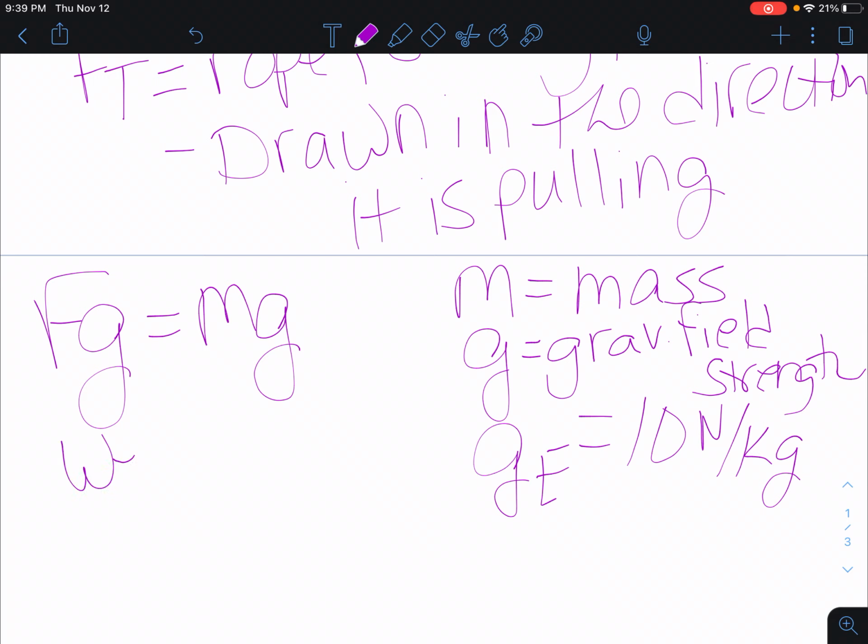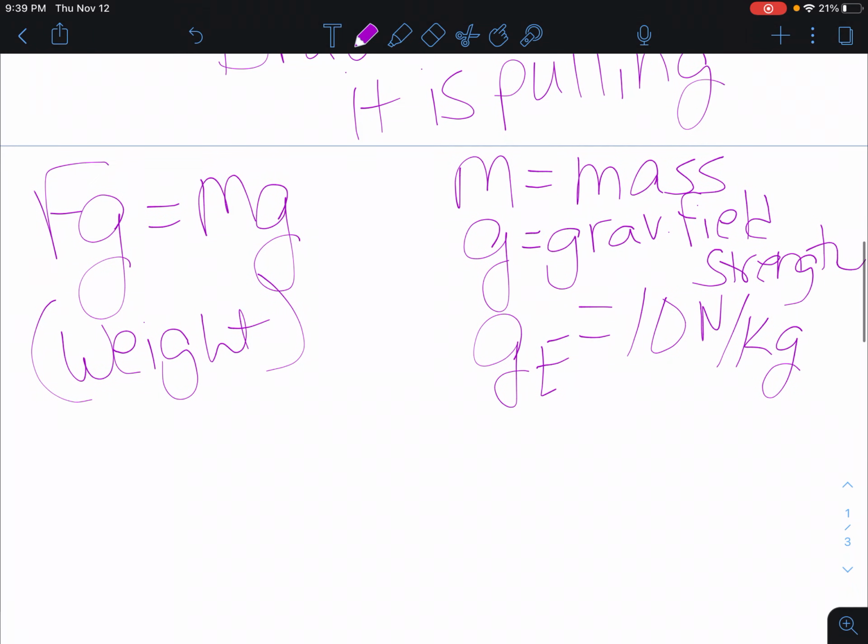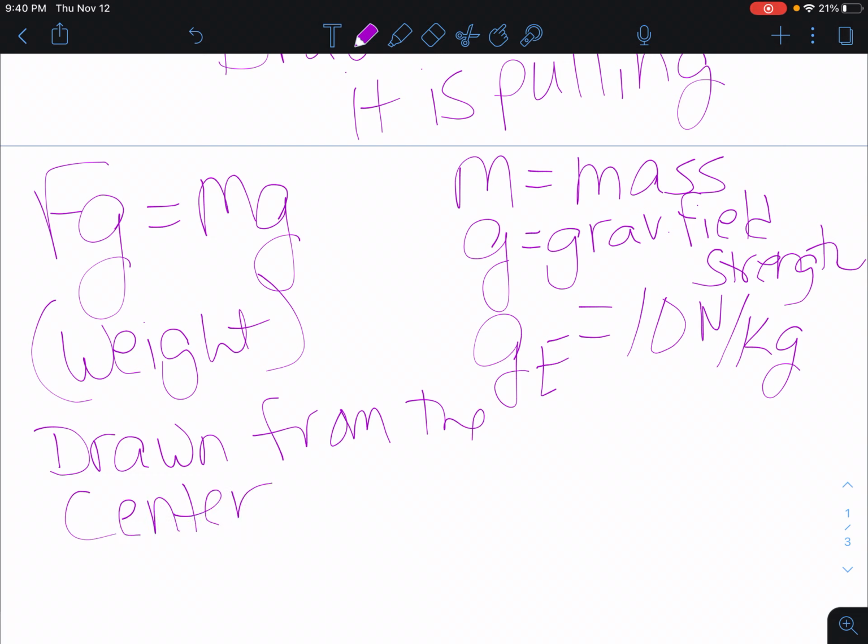We also said we refer to gravitational force as an object's weight. And we always draw it from the center of one object to the center of the other object. So whatever object is providing the gravitational force, we would draw it from the center of the object feeling that gravitational force to the center of the object providing the gravitational force, which for us so far has been Earth.